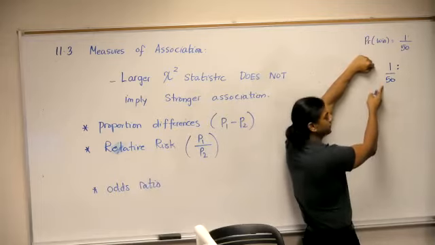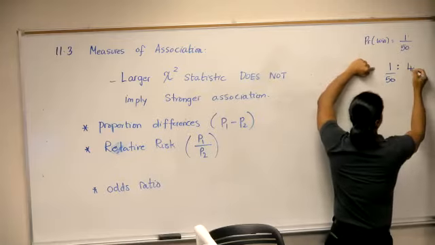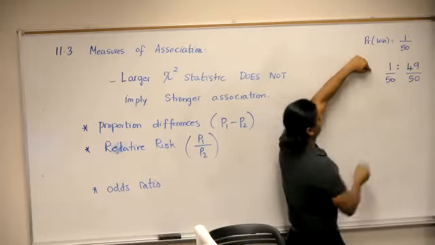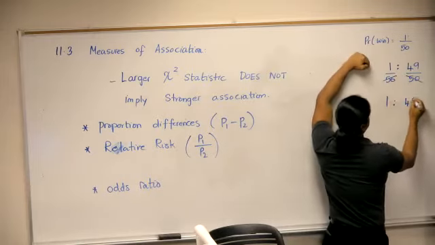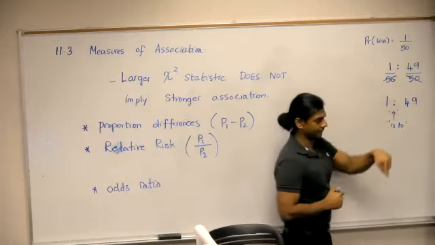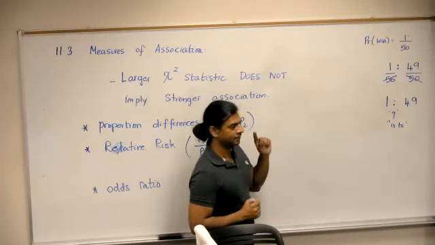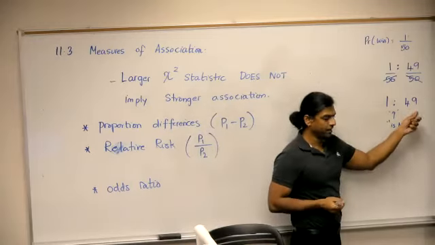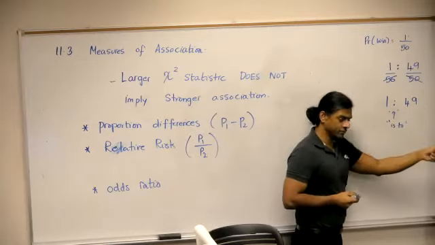So 1 over 50 is the chance that you win. The complement of that would be losing. 1 minus 1 over 50 would be 49 over 50, correct? These 50s will get cancelled. So 1 is to 49. And that is what we call odds. So the odds of winning is 1 to 49. So if you play 50 times, you will win once and lose 49 times.